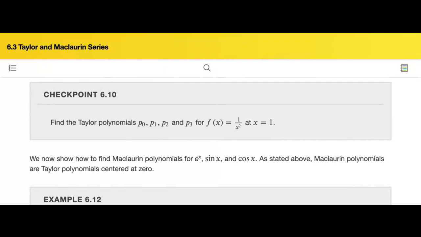P3 is just P2 plus f triple prime of 1 divided by 3 factorial times x minus 1 cubed. And P2 is just P1 plus f double prime of 1 divided by 2 factorial times x minus 1 squared. So all I have to do is calculate the derivatives.